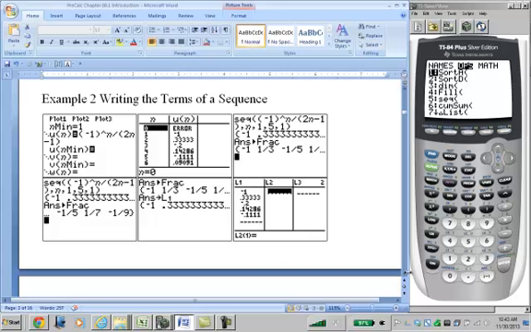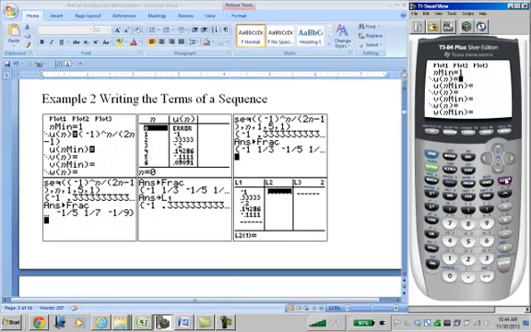Let me put this one in again. Notice that when I use the sequence command, let me do the calculator here. Let me clear this. Okay, so I got parenthesis, negative 1, close parenthesis.